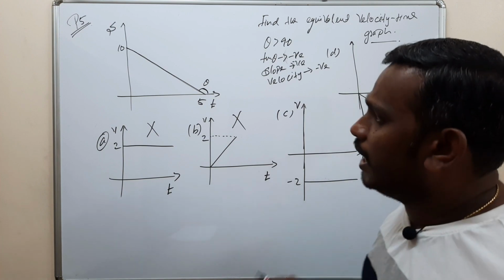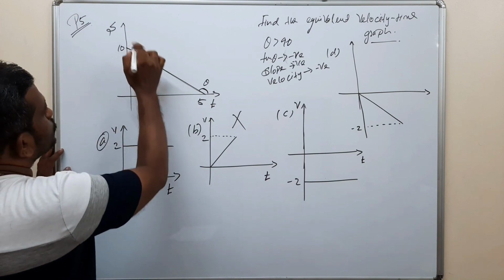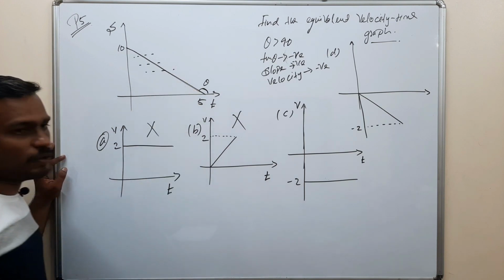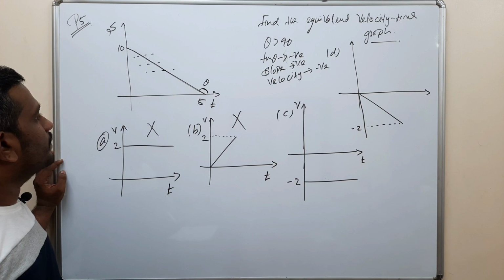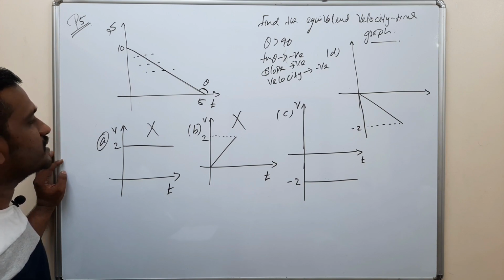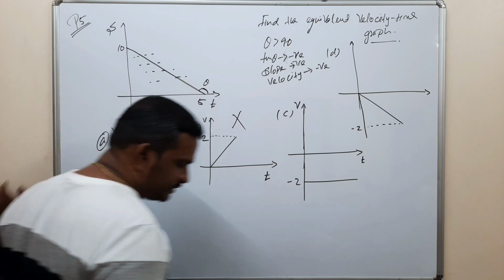From the displacement time graph, when you find the slope at every point, the slope is constant. That means the velocity is constant.